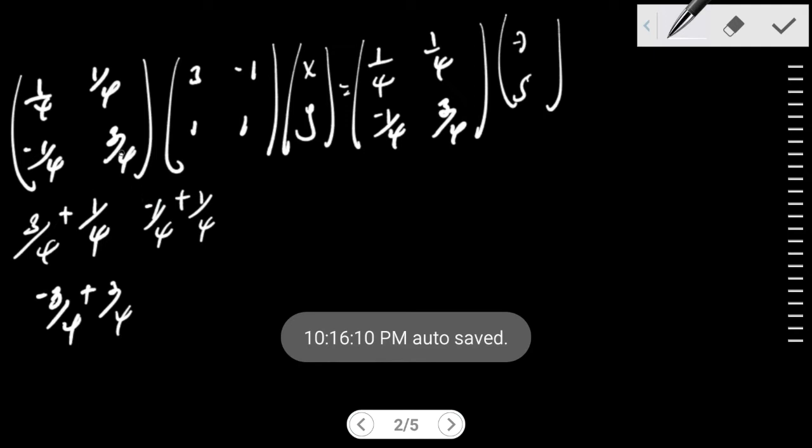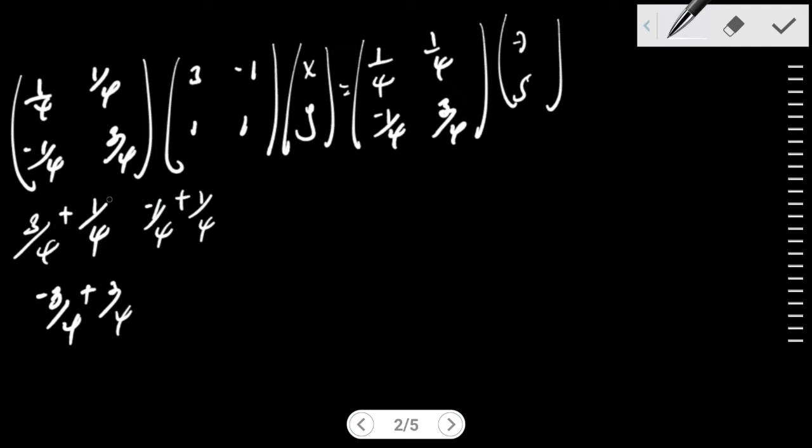So I'm having again, negative 1 out of 4 times, I would get 1 out of 4 plus 3 out of 4 times 1, which would be 3 out of 4. Now this is done.